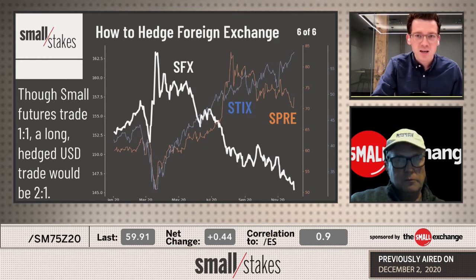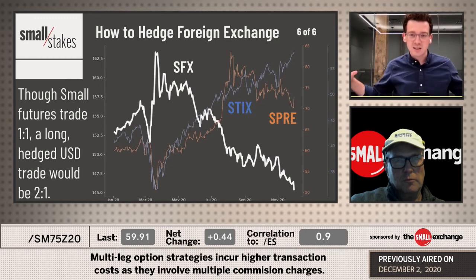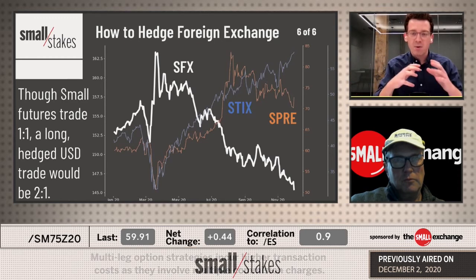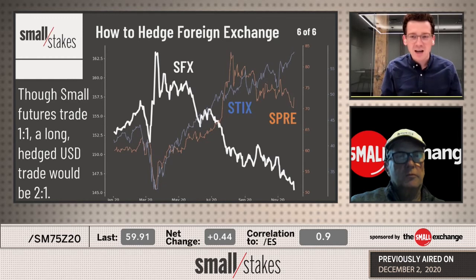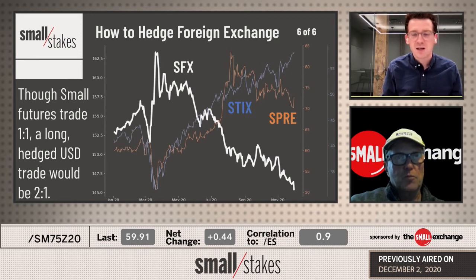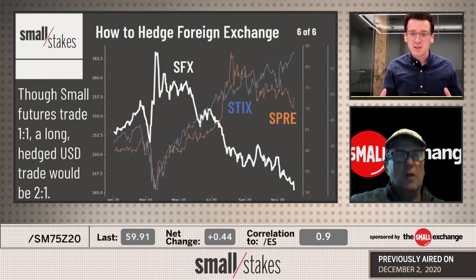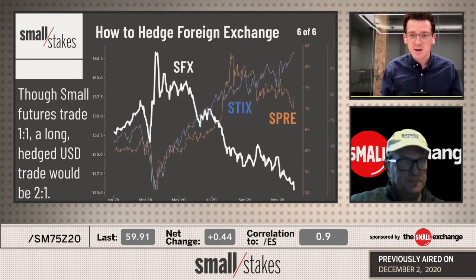I think this is an interesting way to hedge foreign exchange across asset classes here, not just within that Forex asset class that gets honestly kind of complex. It's like, okay, I'm buying US dollars and I'm short euros and now I need to get long euros. And it's kind of a hodgepodge. You could think of it this way. Dollar is at its lows. Metals, gold, silver are priced in dollars. So as that dollar depreciates, gold and silver should, all else equal, appreciate a little bit relative to that dollar.